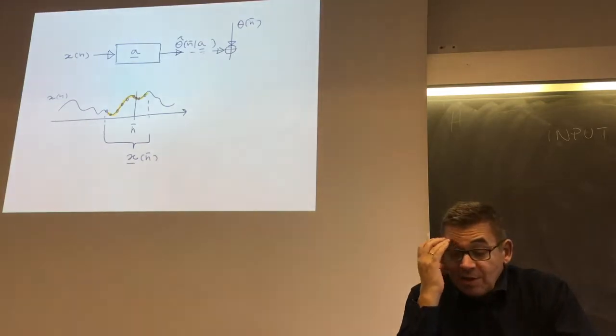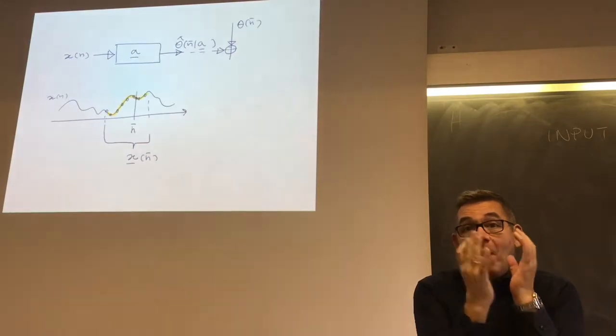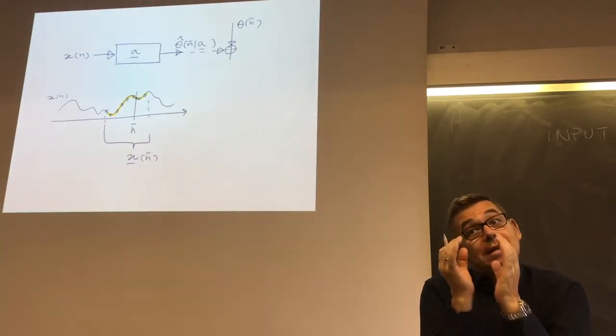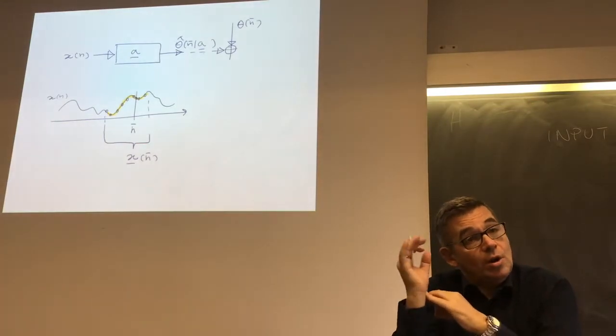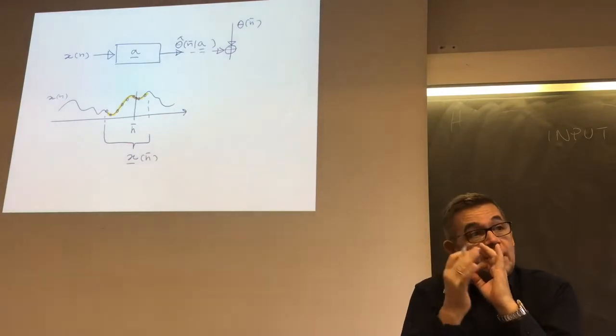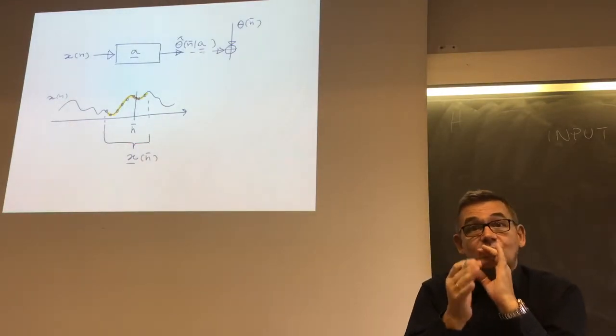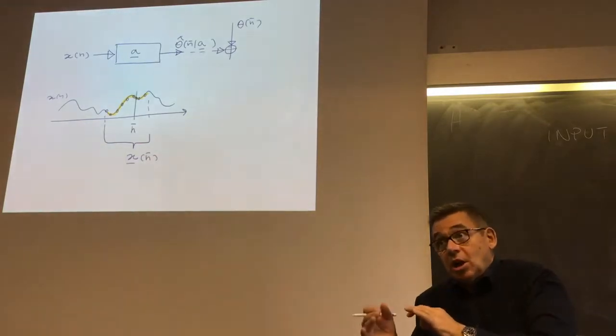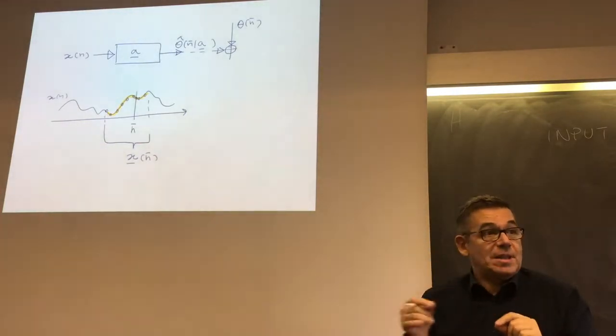Now, this comparison might be, in general, instantaneous or statistical. What is the difference? If it is instantaneous, it means that I stay on the sample theta n naught and I compare sample by sample.